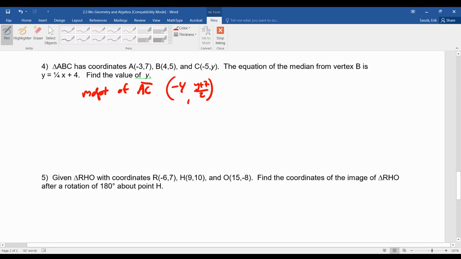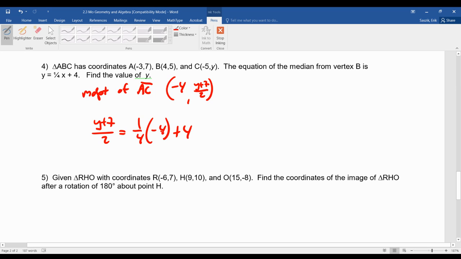And that's okay. So remember, we have the equation of the median, and we know that the median has to go through this point. So now we can just take this point and put it in for our x and y. So y plus 7 over 2 goes in for y, equals 1/4, and there's my x value, and there's the rest of the equation.